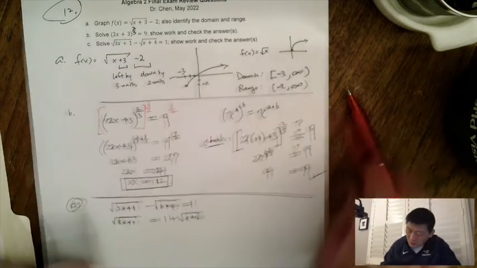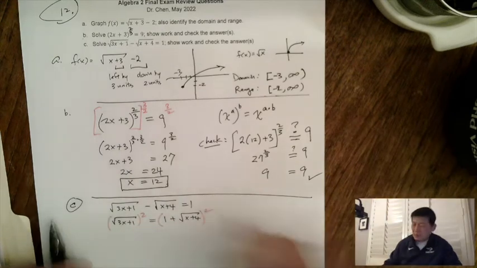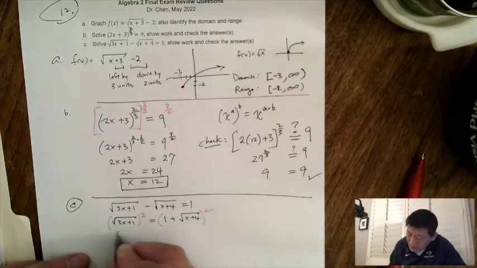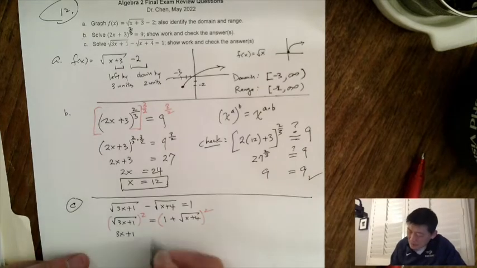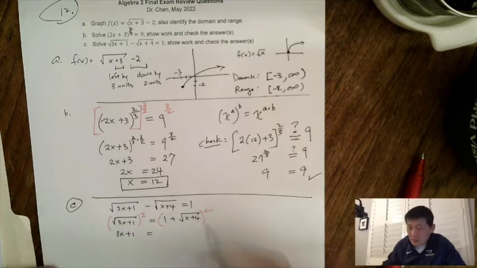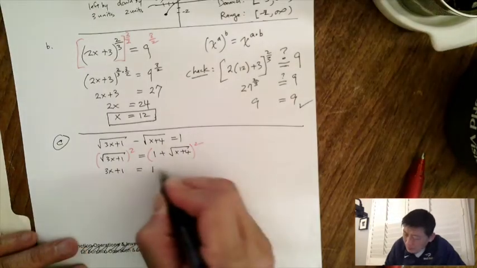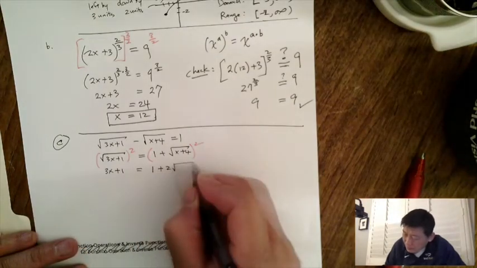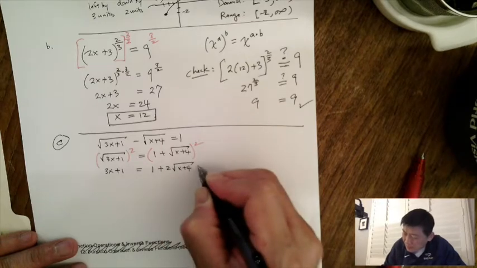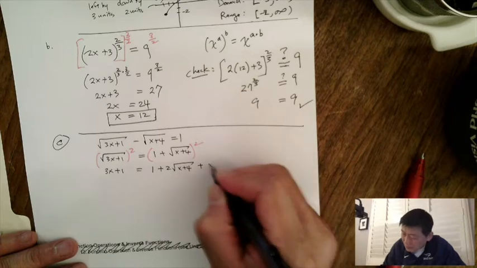And then this is when we can square both sides. So let's see what we have here. We end up with 3x plus 1, and then this one we have to expand. So we end up with 1 squared plus 2 times the square root of x plus 4, and then plus the square root of x plus 4 squared, which is x plus 4.